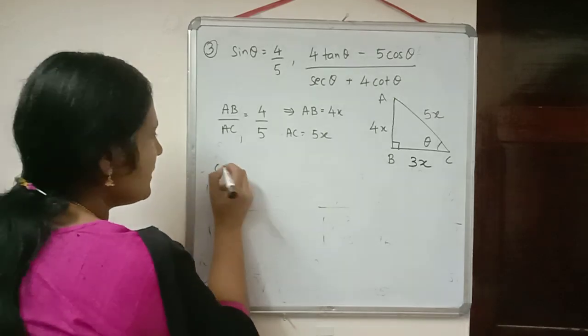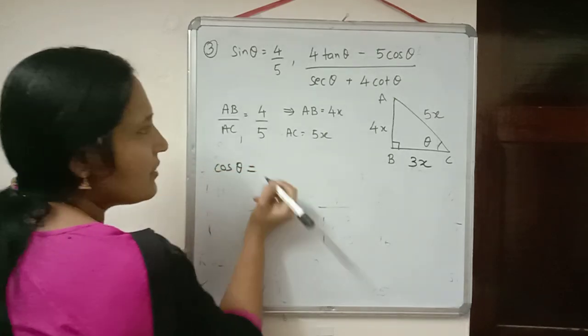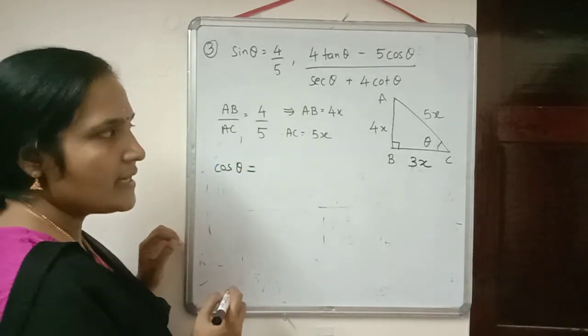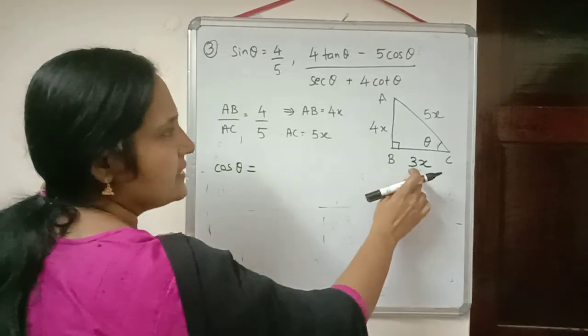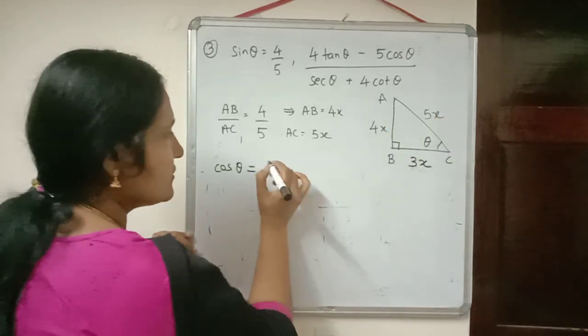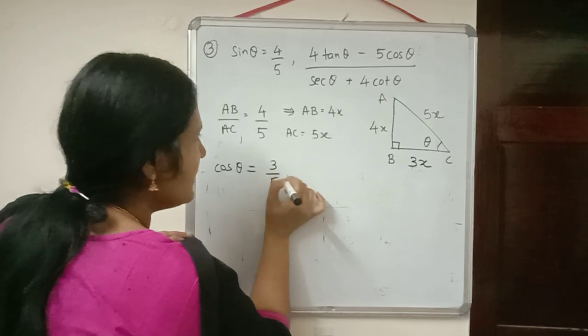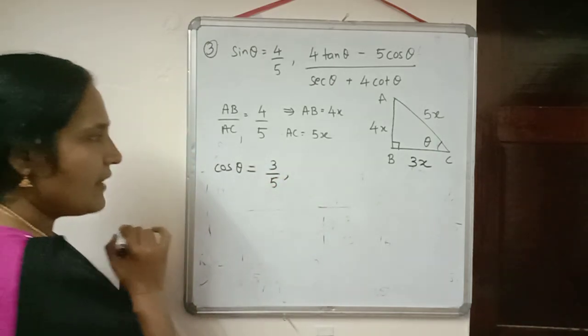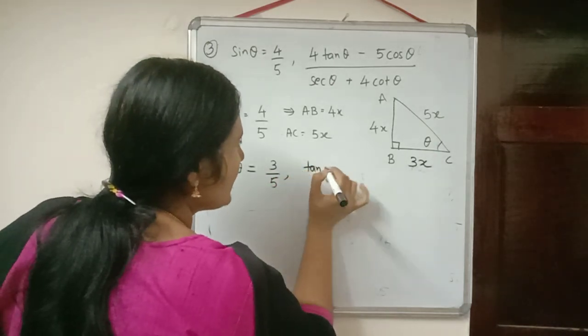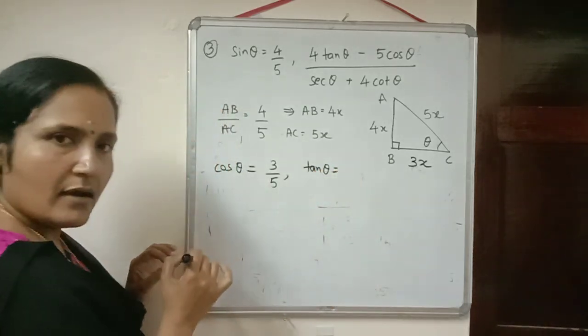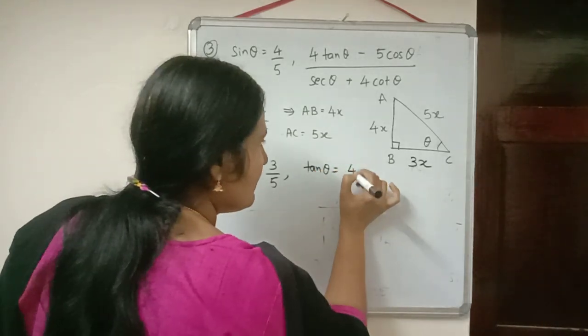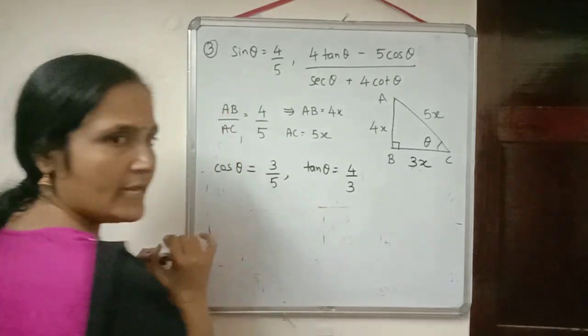So first we can write down the value of cos theta. Cos theta is equal to 3x by 5x. So we will get cos theta is equal to 3 by 5. And what will be the value of tan theta? Correct. Tan theta will be equal to 4 by 3.